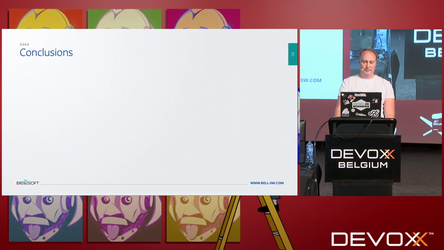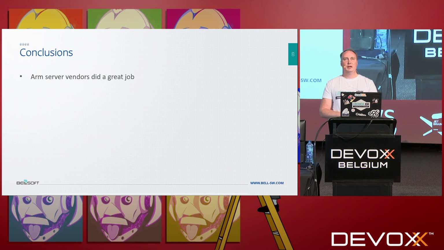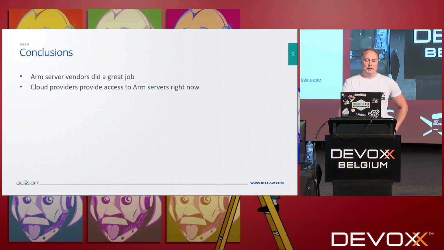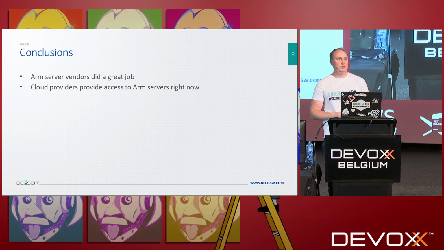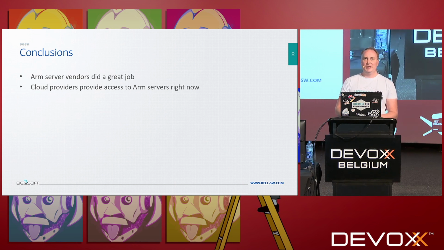Okay. So as you can see, vendor support is great. You can afford powerful hardware, and you can get it without having any physical setup. Just go to a public cloud and get an instance.